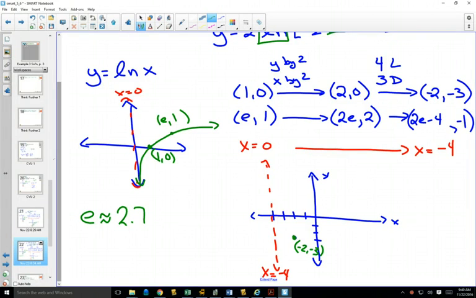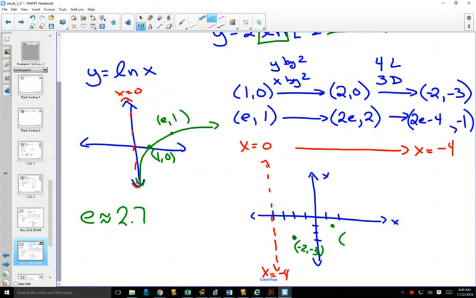Can you multiply 2.7 by 2? What would you get? 5.4. Can you subtract 4 off of 5.4? 1.4. So when we're estimating this, we're going to go somewhere between 1 and 2. And we're going to do 1.4 minus 1.